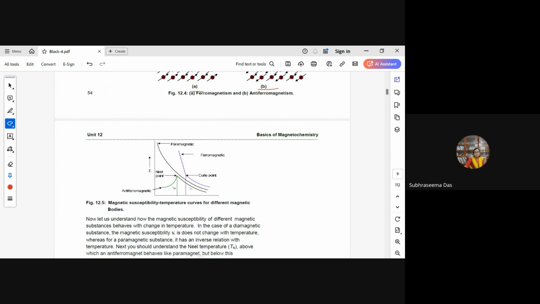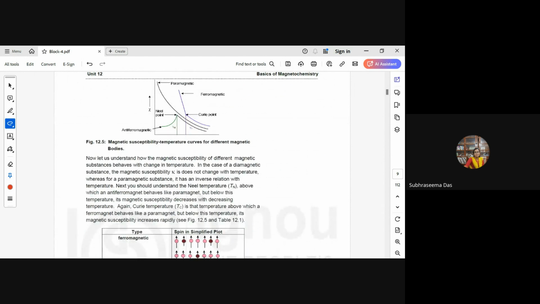The magnetic susceptibility, chi, versus temperature curve for different magnetic bodies is shown in figure 12.5. In this figure we come across two very important points: the Curie point, Tc, and the Néel temperature, which we represent as Tn. These two temperatures are quite important in magnetochemistry.